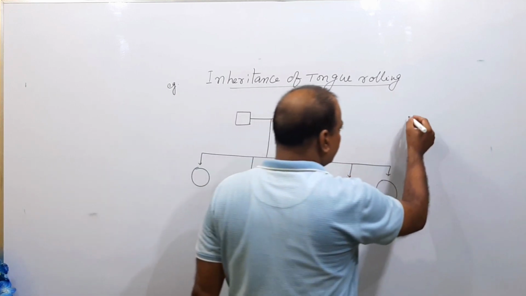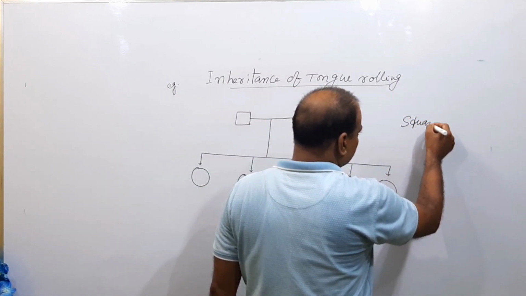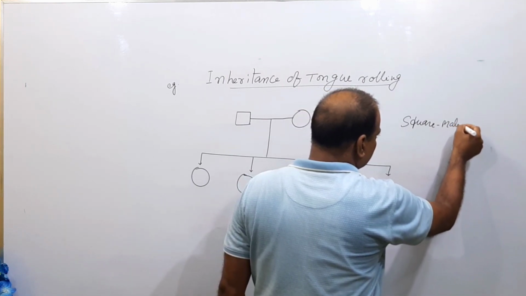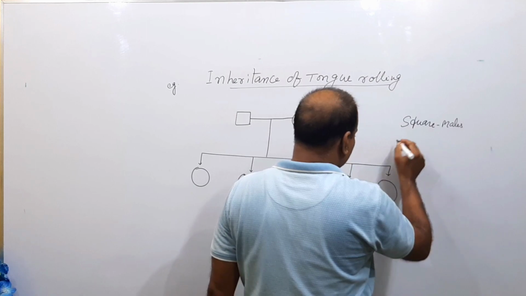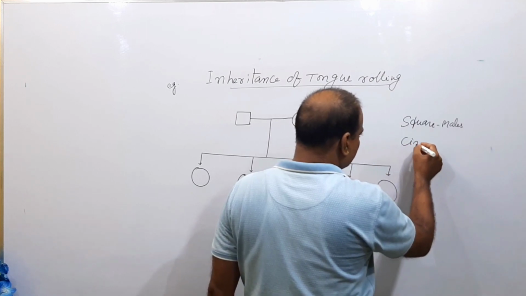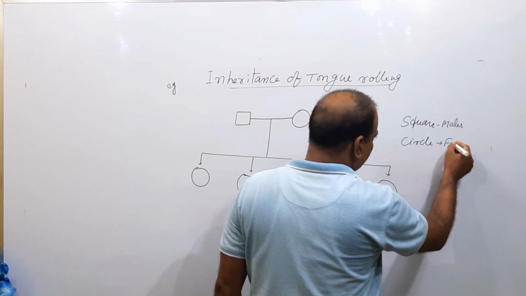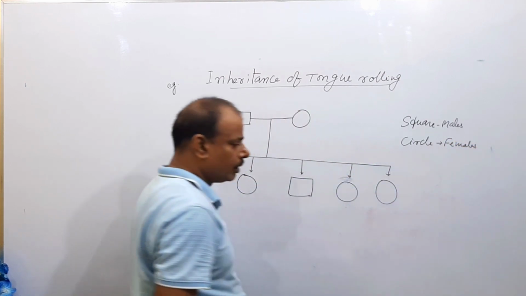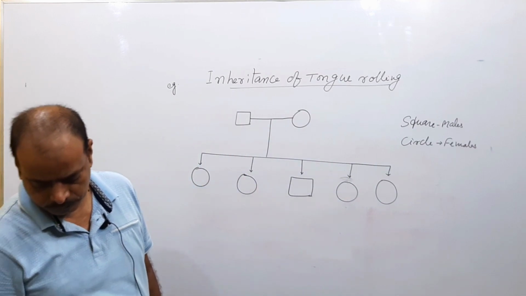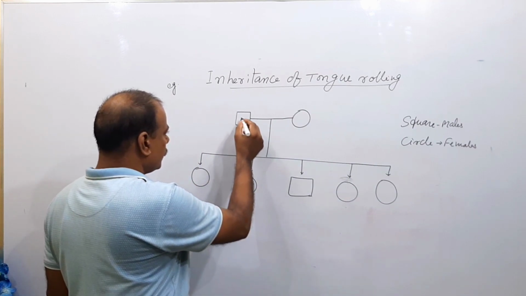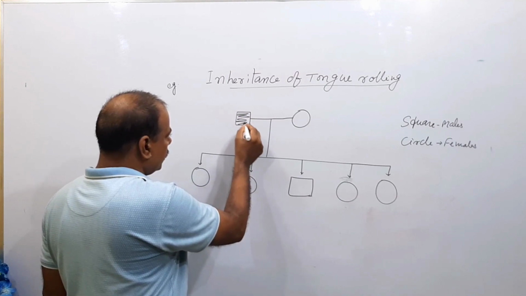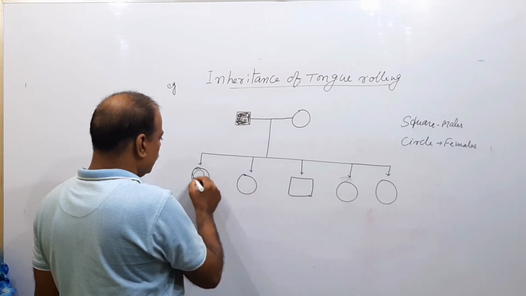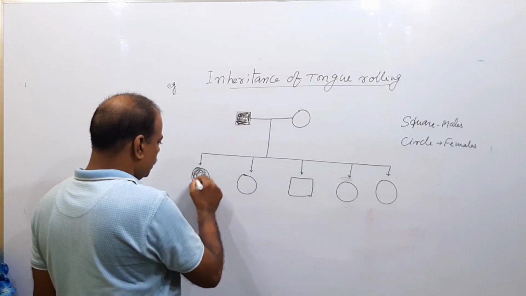here squares show males and circles show females. Again, it is the solid square, and again here it is solid circle.